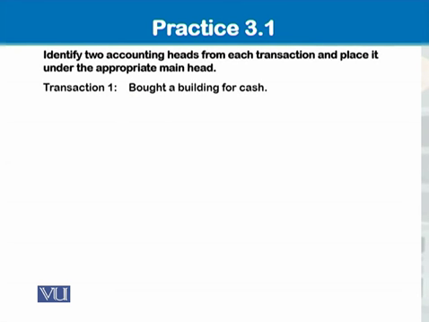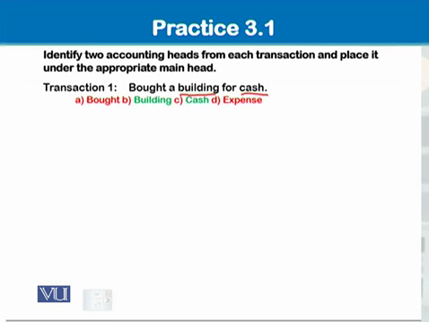In this transaction, you have to identify two accounting heads. So when we are saying bought a building, there is a building there and we paid cash for it. So let's see what are the options. Can bought be an option? No, because bought is not an accounting head, remember.